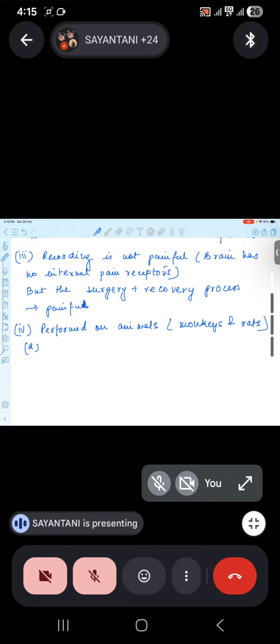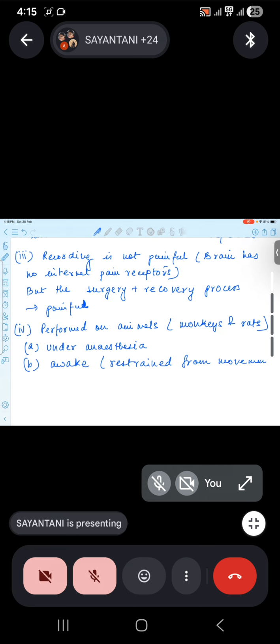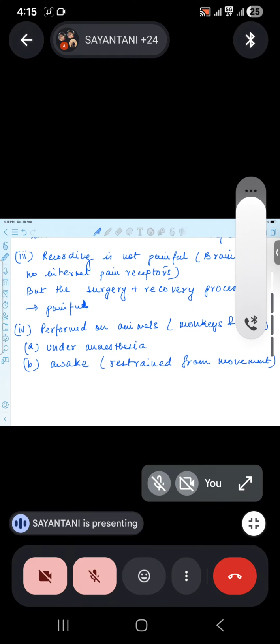Either you are placing the animals under anesthesia, or the animals are awake but they are restrained from movement. Because if they are moving continuously in the awake condition, it is going to cause a lot of interference with the brain data.